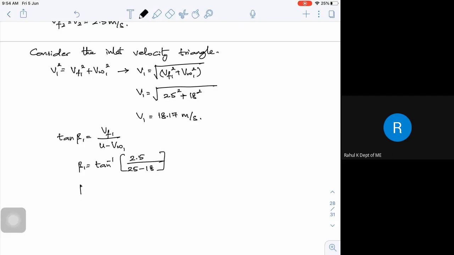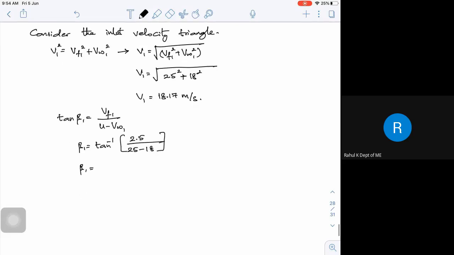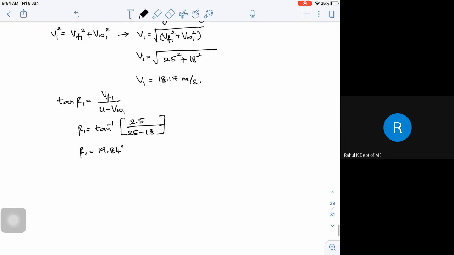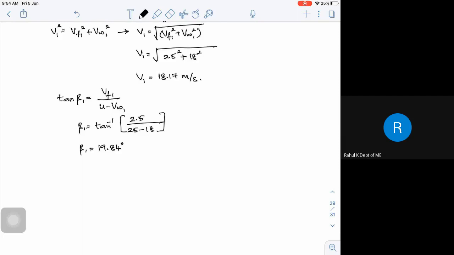If I take tan inverse of it, my beta 1 is found to be around 19.84 degrees. You can keep it as 19.84, or you can convert it to degrees, minutes and seconds. That also is one possibility. Now, the last component we are supposed to find is the degree of reaction.